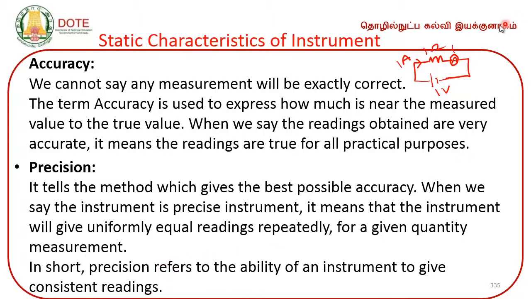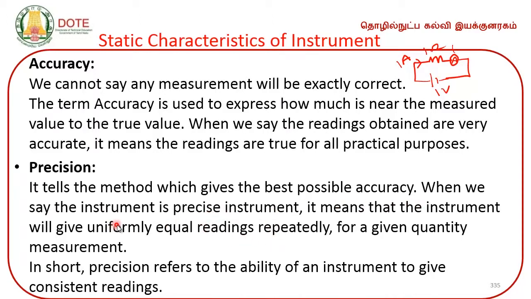So, when I am measuring the value, it shows me the measured value, say for example let it be 0.9 ampere, right, and again and again I am disconnecting the meter, again connecting the meter and it again shows 0.9 ampere. So, how many times if I measure the value using this instrument, it shows me the same value repeatedly, then that is called the precision, a precise instrument, okay.